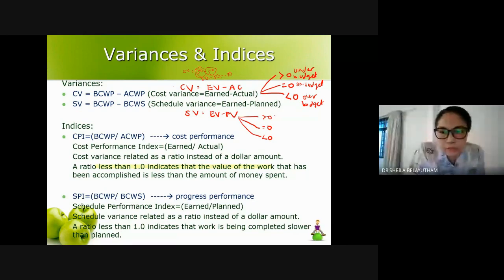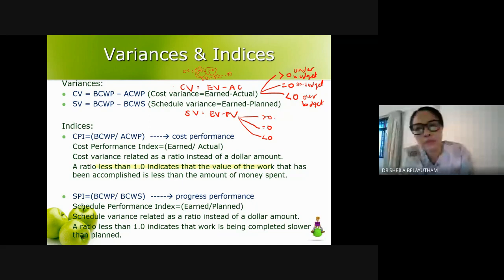If it's more than 0, so what do we mean? What does it mean if you have a variance of more than 0? What does it mean to your schedule?